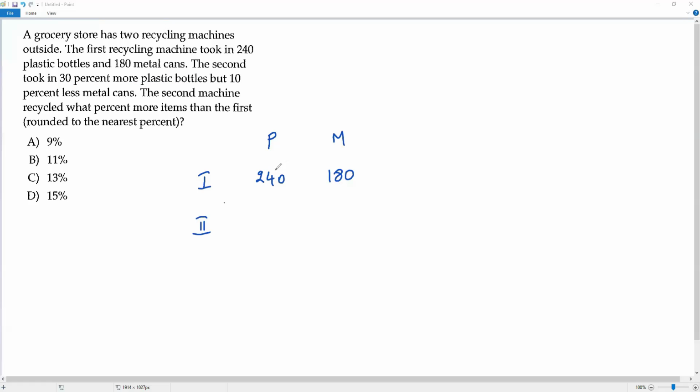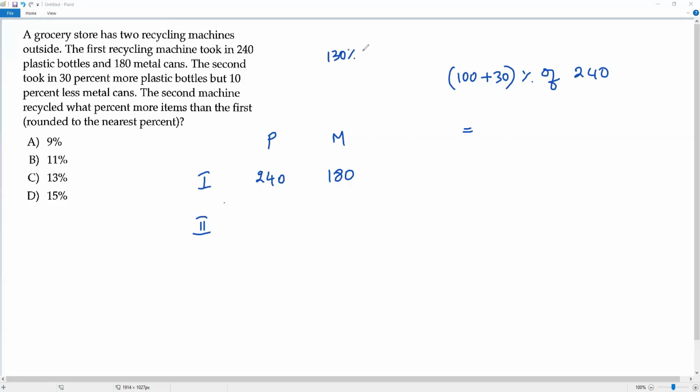We know the first machine took 240 plastic bottles, so to get 30% more, we add 30 to 100% of the number of plastic bottles taken by the first machine, that is 240. The result gives us the number taken by the second machine. So 100 plus 30 will be 130%.